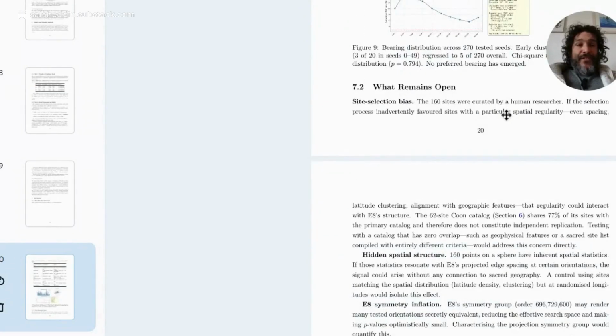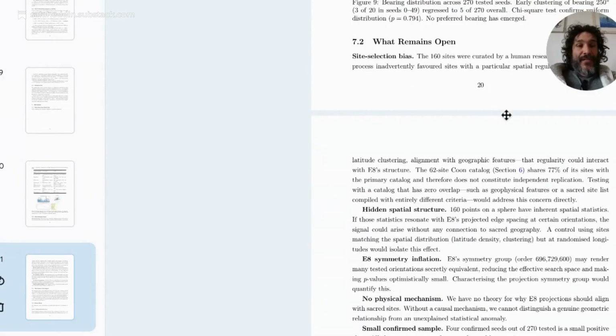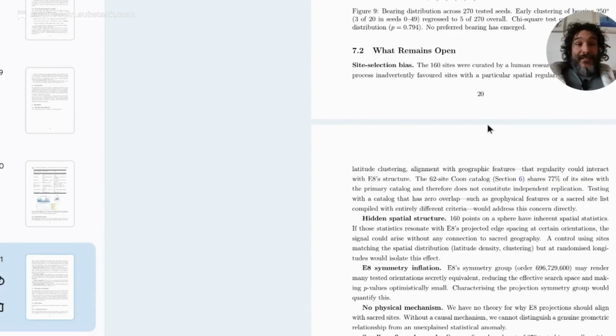My future investigation will be to synthesize E8 lattices which have a strong dimension 2 and a weak dimension 4, a particular subspace of the E8, and see if the results show a strong alignment with those datasets, because that's what the data has suggested. So it will be interesting to synthesize them and see if we can predict a strong alignment with these circuit sites. That's the future work from here.